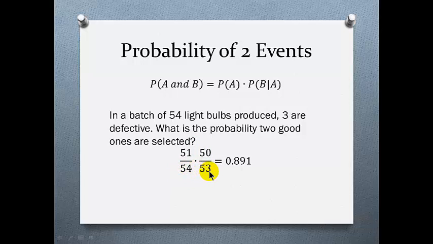There are 53 bulbs left. So the second probability, given the first one already occurred, is 50 out of 53 because there's fewer light bulbs and fewer good bulbs. And so when we multiply 51 out of 54 times 50 out of 53, we end up with a probability of 0.891.